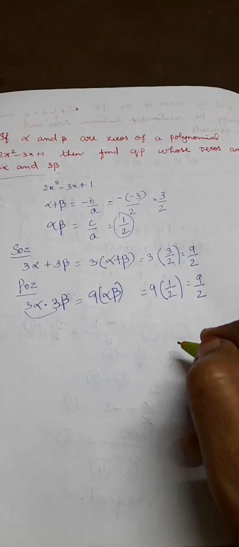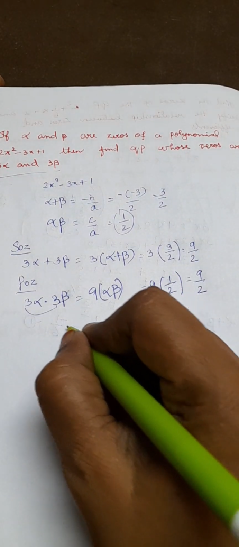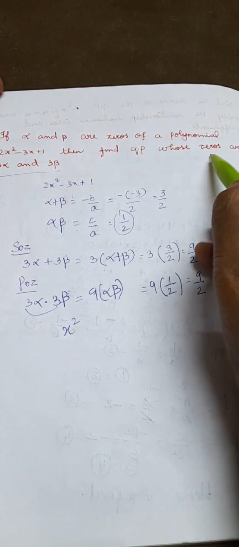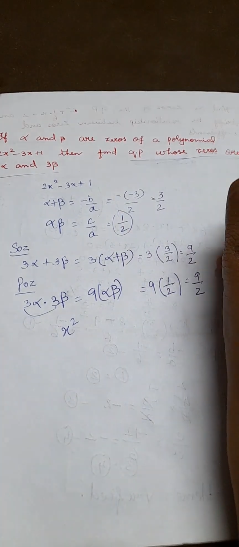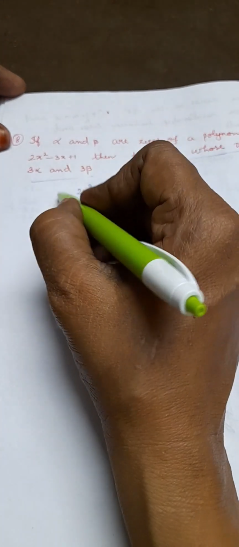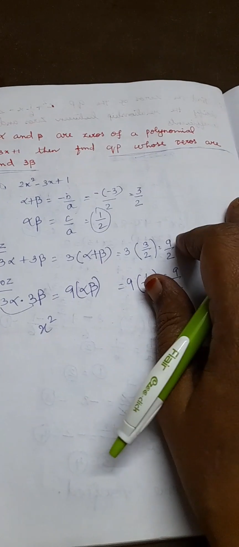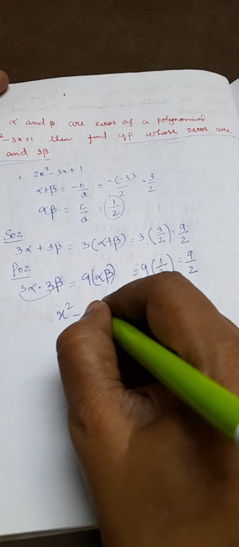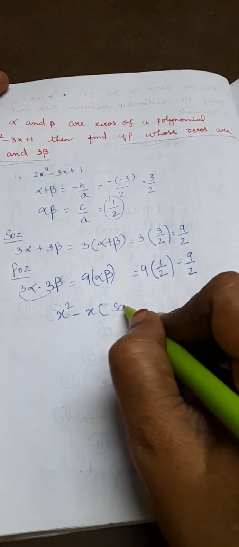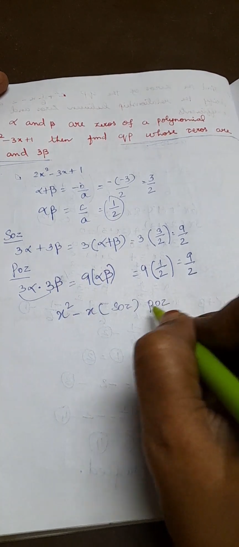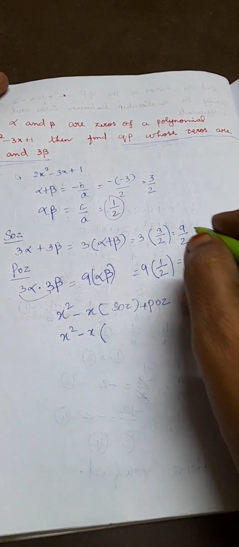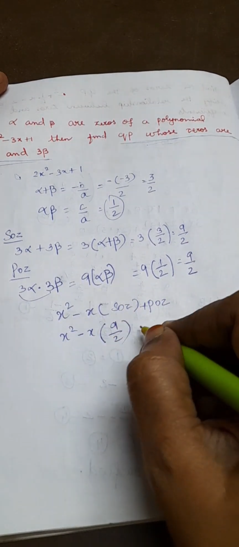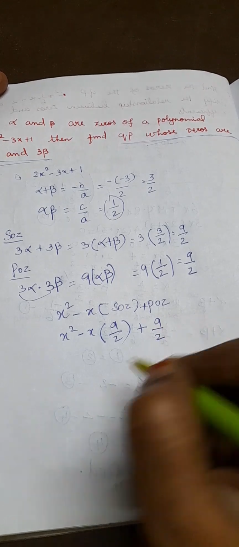Right? Okay. Now what do we have to do? We have to find out the quadratic polynomial whose zeros are 3 alpha and 3 beta, right? So x square minus x into sum of zeros plus product of zeros, right? So x square minus x into sum of zeros 9 by 2 plus product of zeros is also 9 by 2.